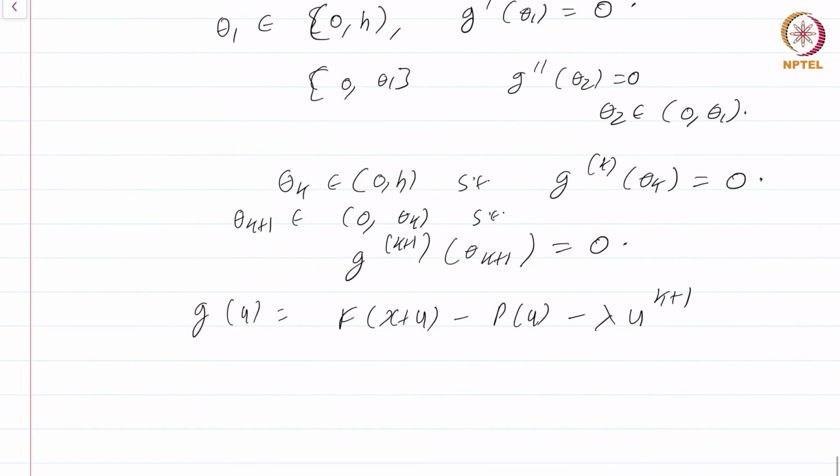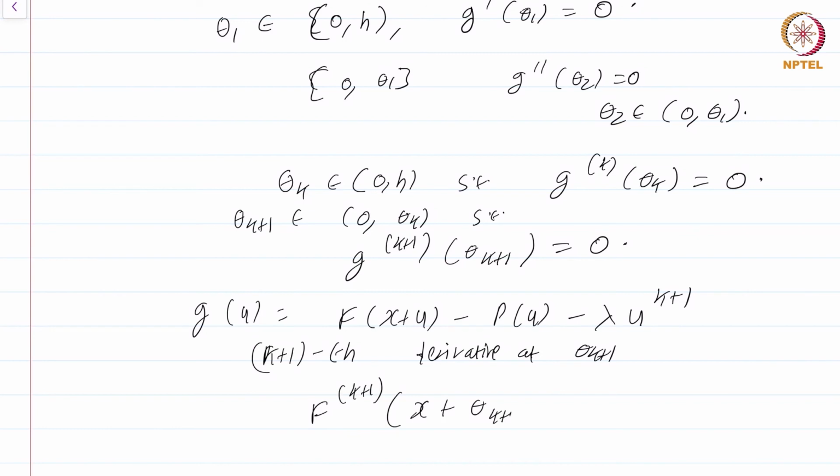What will be the k plus 1th derivative of this at theta k plus 1? Well, that's just going to be f to the k plus 1 of x plus theta k plus 1.